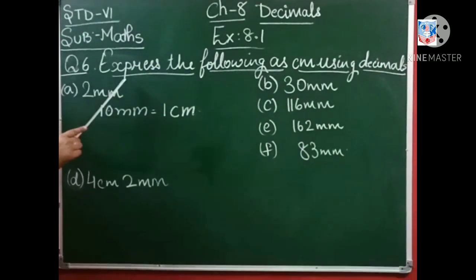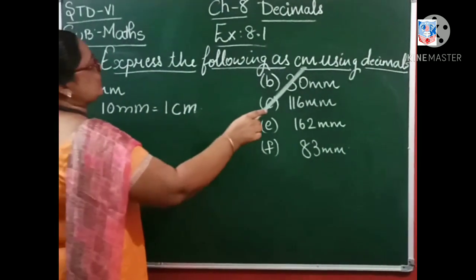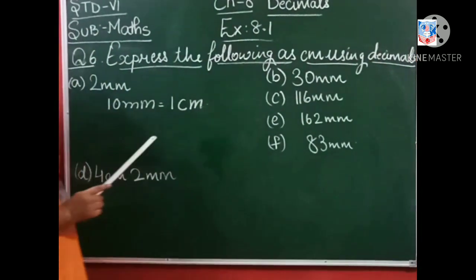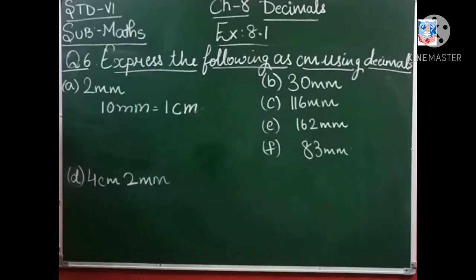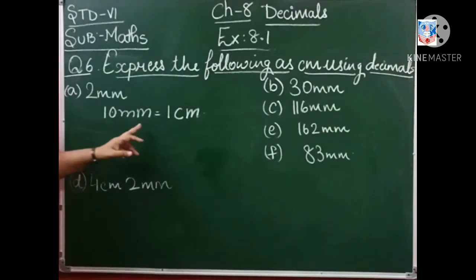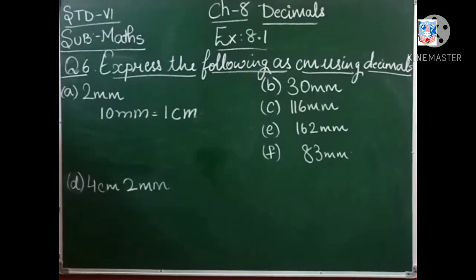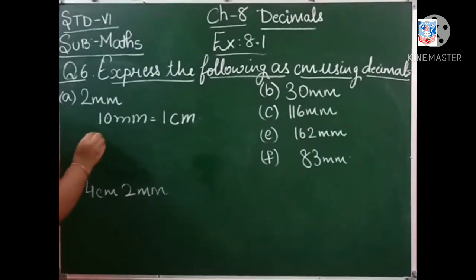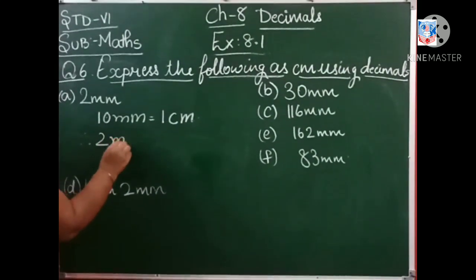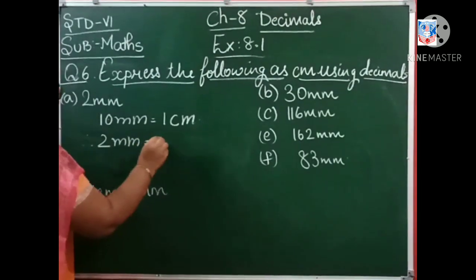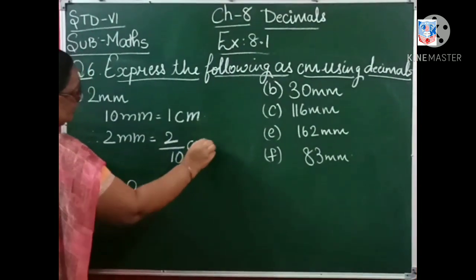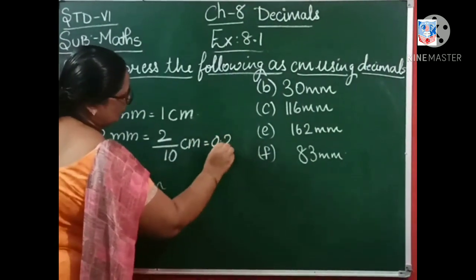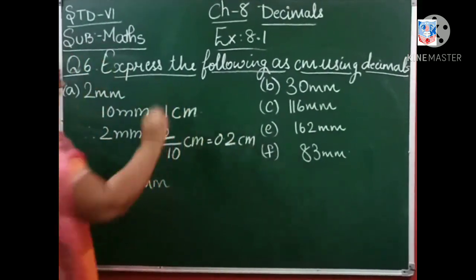Question number 6. Express the following as centimeter using decimals. Sum number A, 2 millimeter. Now we know 10 millimeter is equal to 1 centimeter. Therefore, 2 millimeter is equal to 2 by 10 centimeter is equal to 0.2 centimeter.